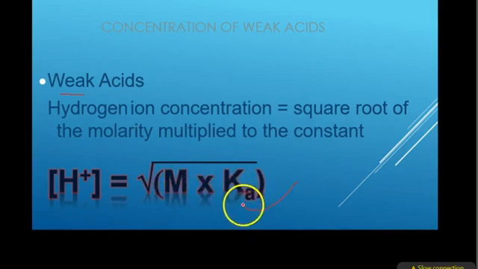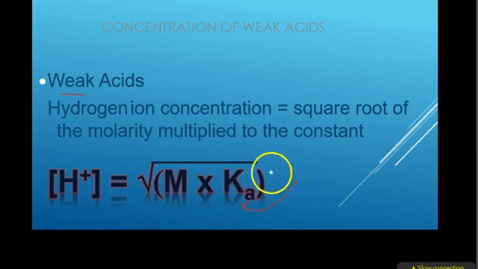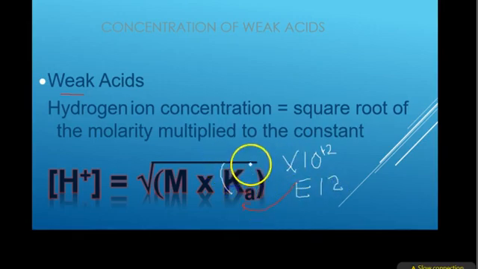Be aware that the Ka value on that is most likely going to be a number in scientific notation. And if you are using the times 10 to the method, like if you say times 10 to the 2 or times 10 to the 12, that's what I wrote here, sorry, and instead of E12, then your number that is your Ka value has to be in its own set of parentheses.